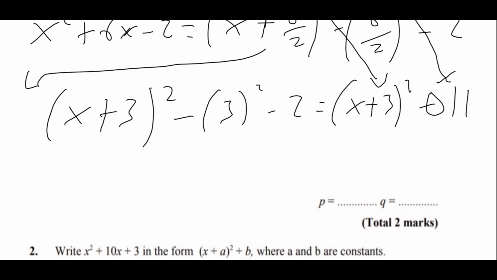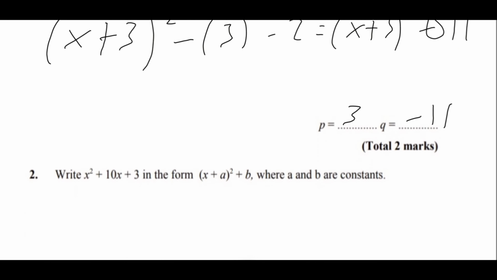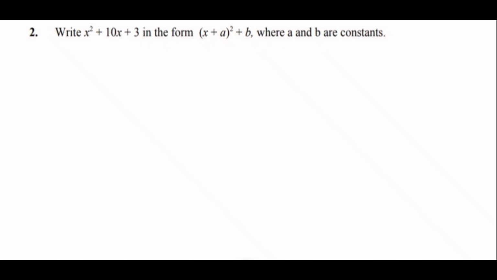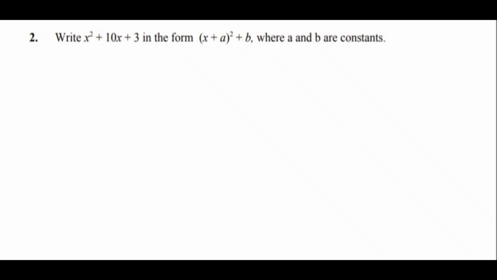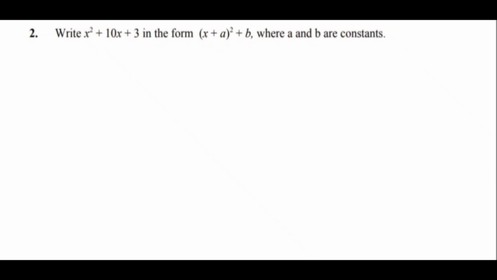Let's move on to another example so you guys get a clearer idea of how this transition from a quadratic to a completed square works. Next we have x² + 10x + 3, and they want us to write it in the form (x + a)² + b, which is again the simplified completed square form.